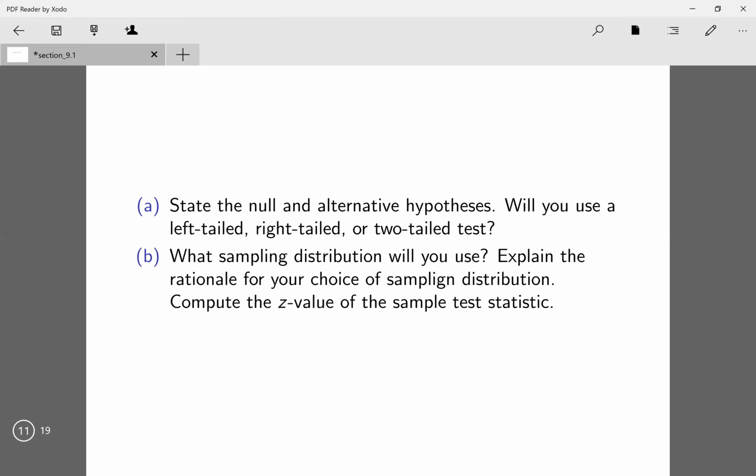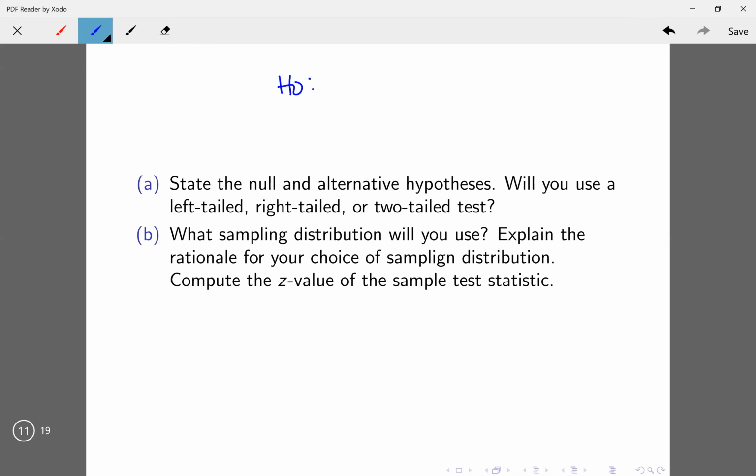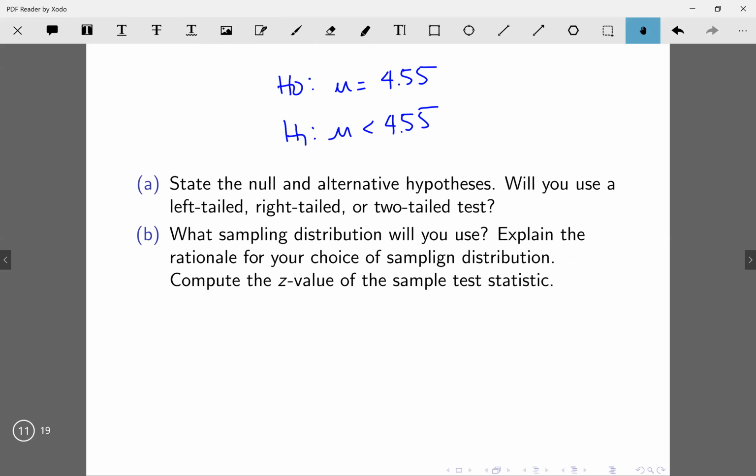Is it a left tail, a right tail, or a two tail? Well, I'm sure that the null hypothesis you wrote down was that the weight was still 4.55 grams. But the alternate hypothesis is that these hummingbirds weigh less in this part of the Grand Canyon.